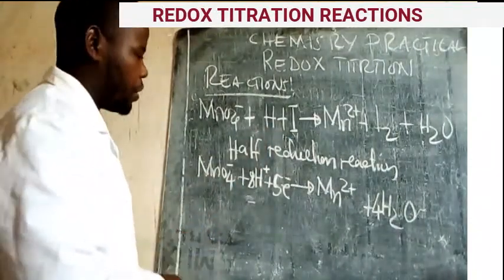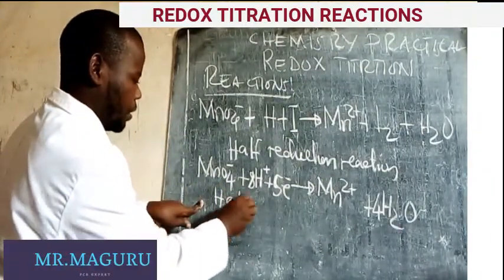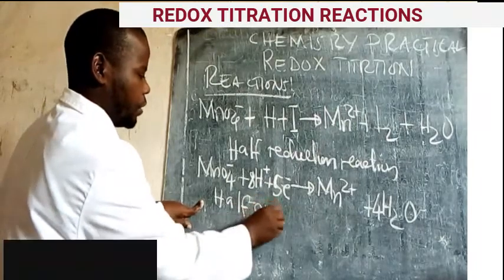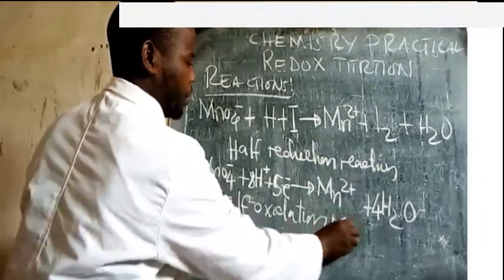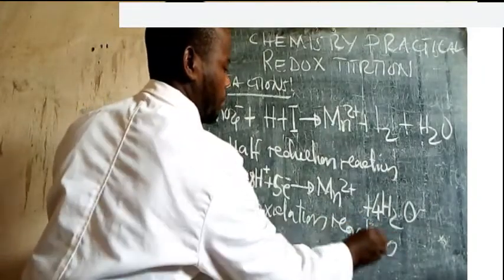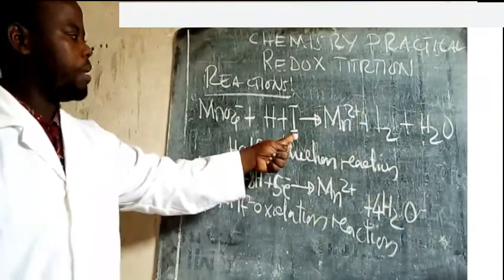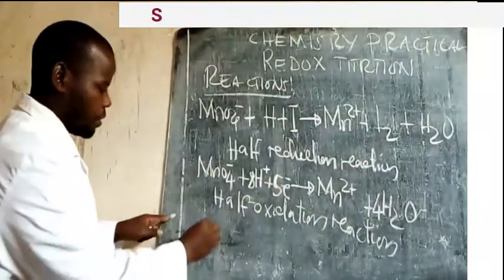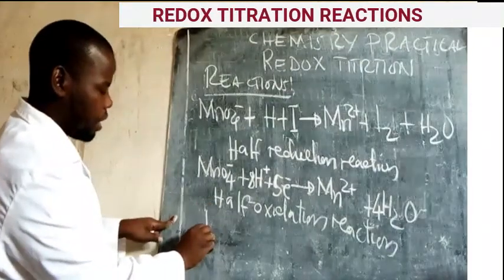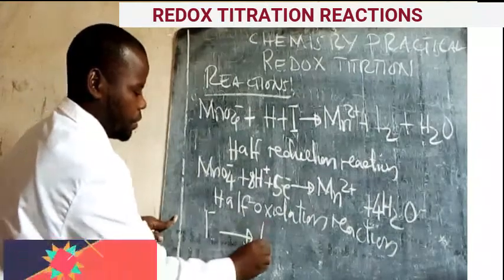For this oxidation half reaction, liberated iodine will produce iodide. So there is 1 iodine, producing this one.